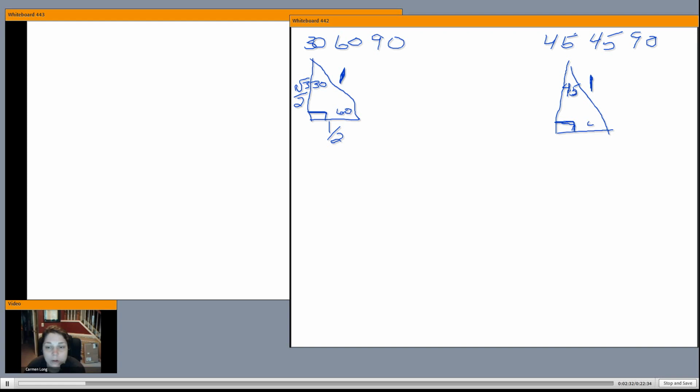If I used my Pythagorean theorem to figure it out, which I don't have to because I know it's square root of 2 over 2 and square root of 2 over 2. Technically when you use the Pythagorean theorem, you get 1 over the square root of 2, but you can't leave the square root in the denominator, so you have to rationalize that denominator. But if you just remember it's square root of 2 over 2, you don't have to do it every time.